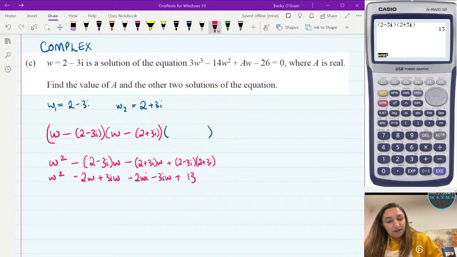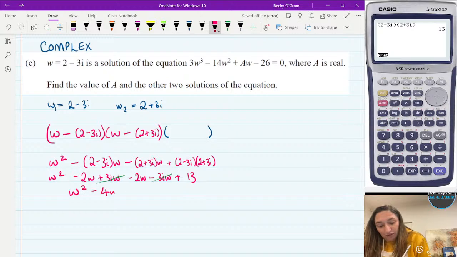Now you can see that we have some things that cancel out. Oh, I've got an extra i in there that shouldn't be there. Just one moment. There we go. So this 3iw cancels with this one because we've got a plus and a minus. And it leaves us with w squared minus 4w plus 13.